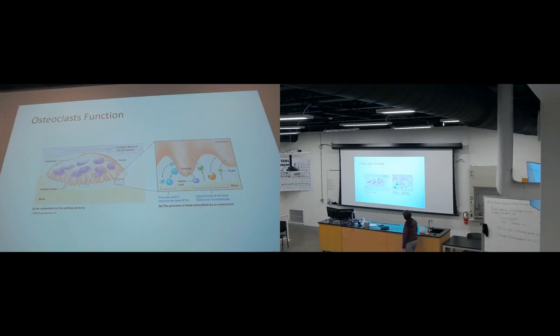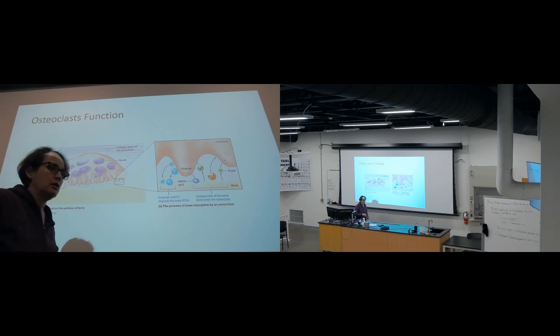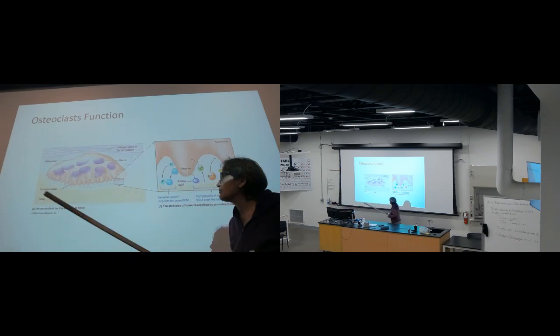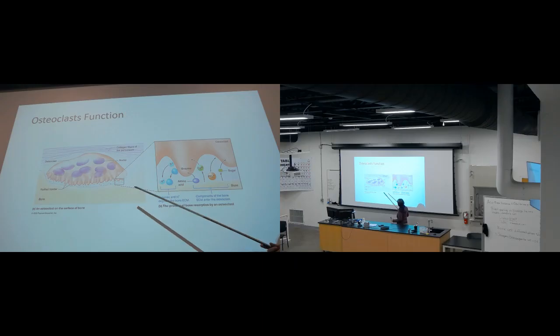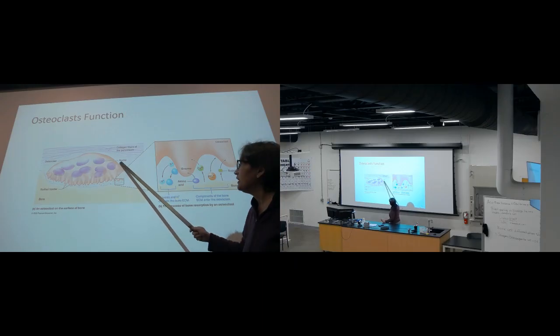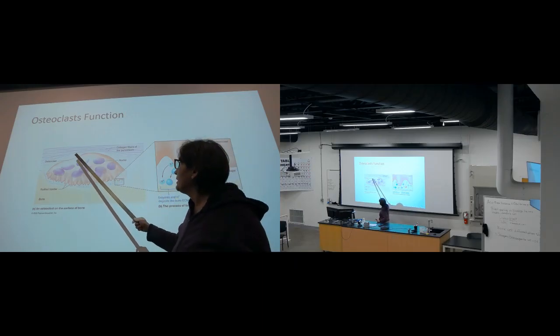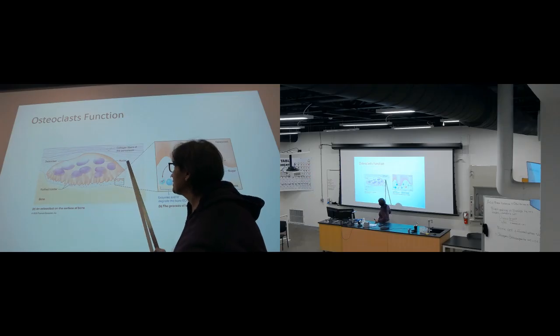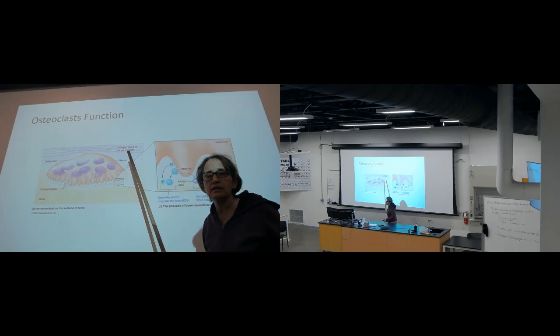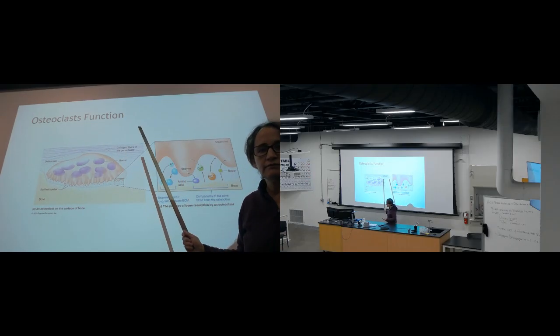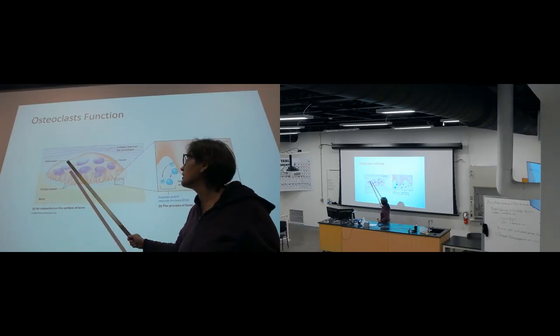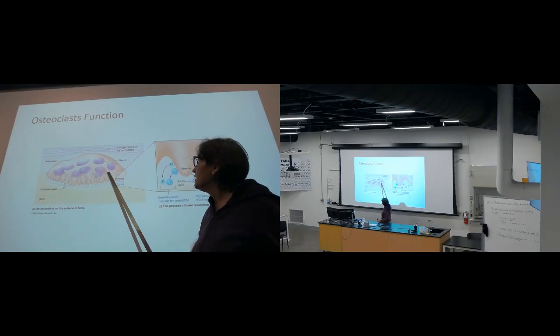Now this cell that you see here in this slide is the osteoclast. So this osteoclast is the cell that reabsorbs bone. It's not shown in here, but multiple macrophages, which are gigantic cells that can eat debris, among other things, fuse and form a single cell.